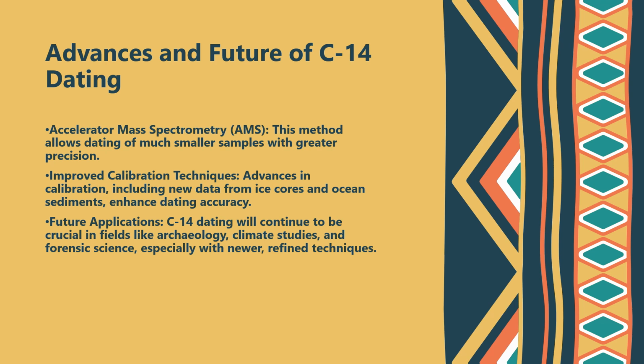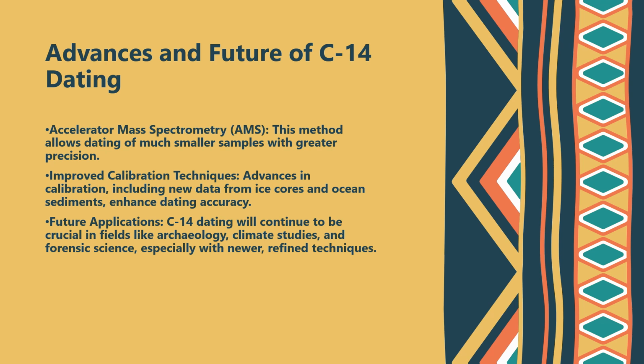Advancements in C-14 dating, particularly the development of AMS, meaning accelerator mass spectrometry, have improved both accuracy and sample size requirements. With AMS, we can date samples as small as a few milligrams, making it possible to date even the tiniest artifacts without damaging them.